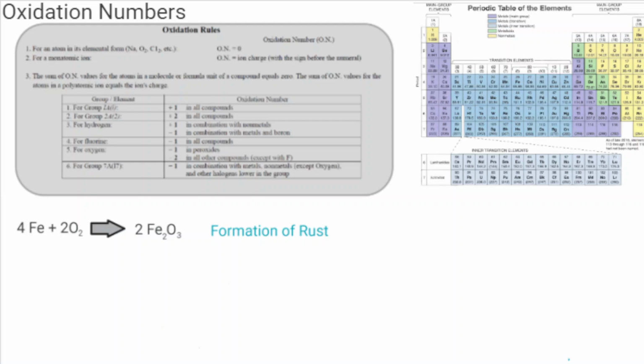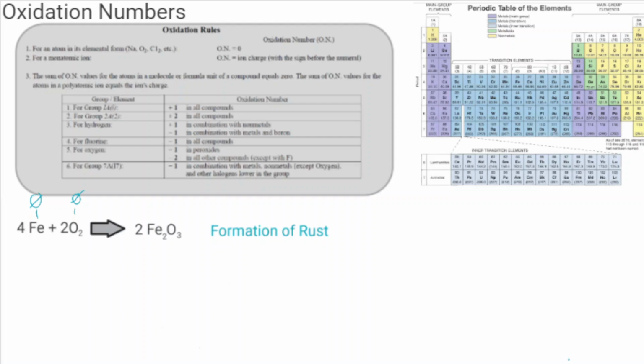And so we can look at our first rule here, and if we're looking at the iron on the reactant side, we'll see that it is in fact in its elemental form. So it's going to have an oxidation number of 0. On the reactant side, we also have O2, and it is also in its elemental form, giving it an oxidation number of 0.